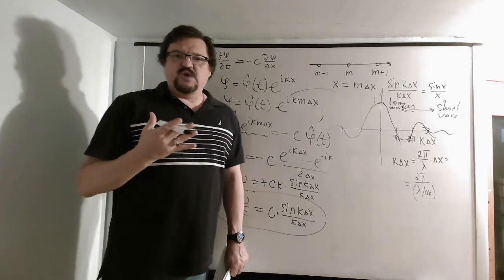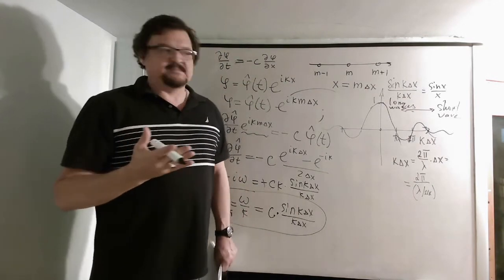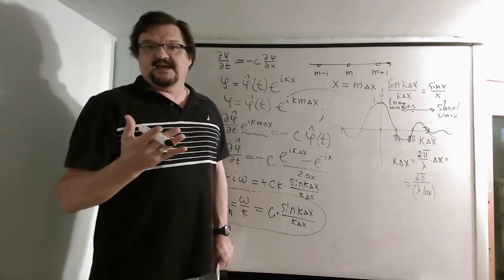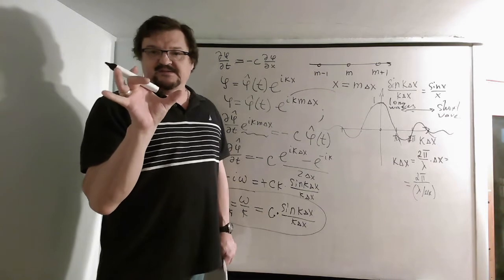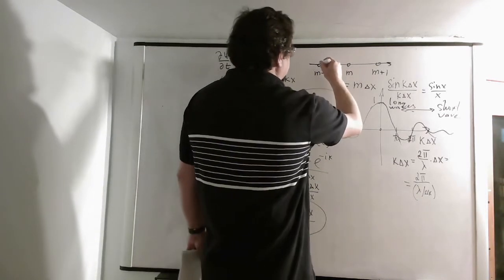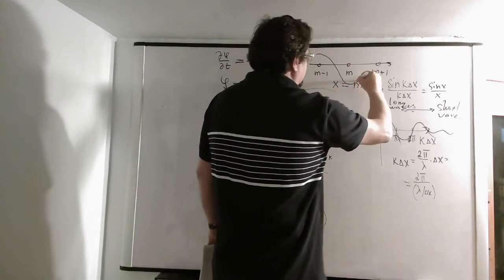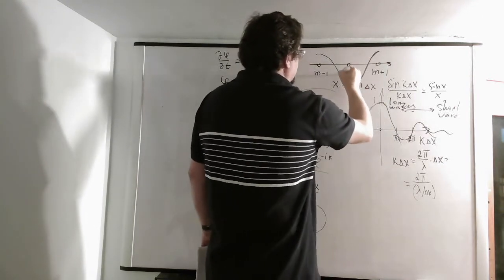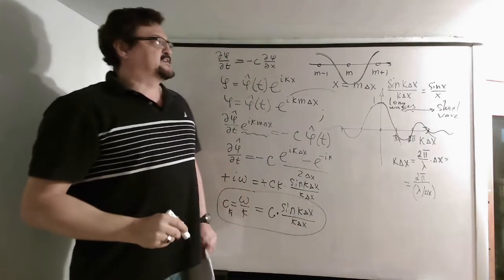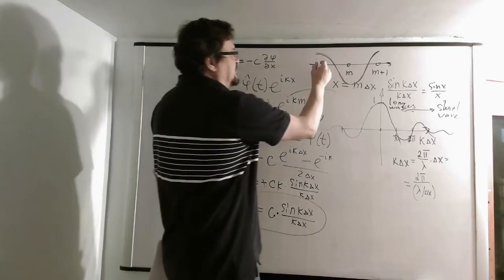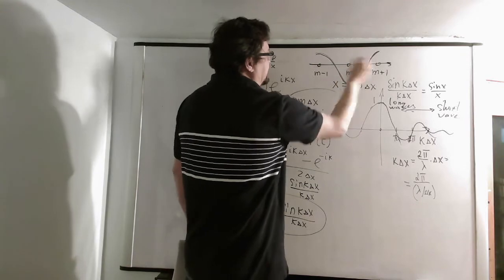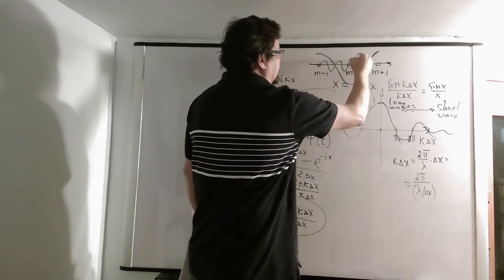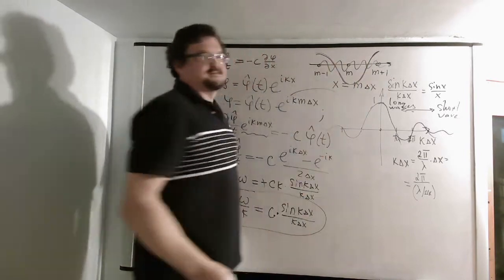So which waves can we resolve on a grid? Obviously we cannot resolve waves that are shorter than 2 delta x, 2 grid spacings. So this is the wave that you can resolve. This is a cosine function actually, because a sine would be 0 here, 0 here, and 0 here, so as if it doesn't exist. But of course you cannot resolve a wave like this with just 3 grid points.